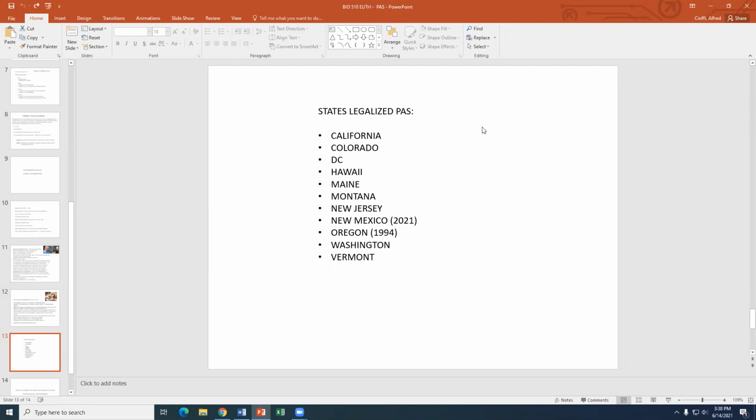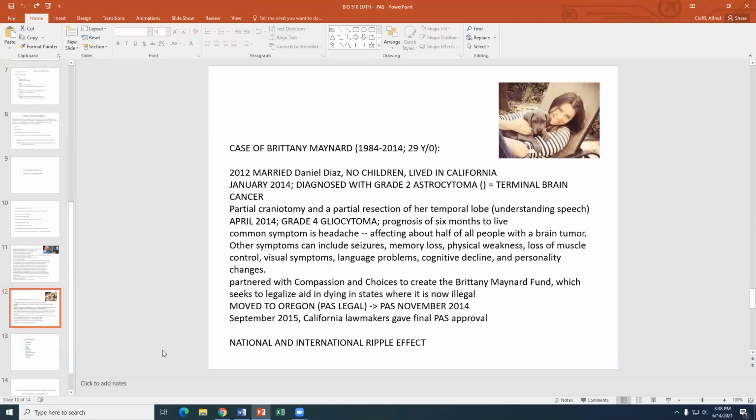So these are the states now that have legalized PAS, beginning with Oregon in the 1990s. By the way, in California, just to finish that story, it was illegal up until 2014 when she moved to Oregon, right?